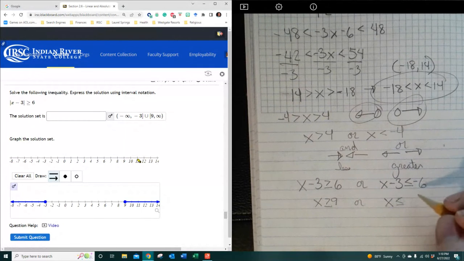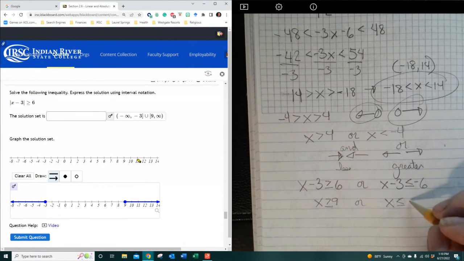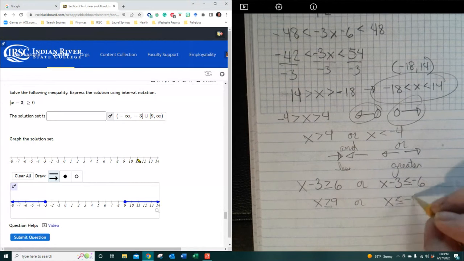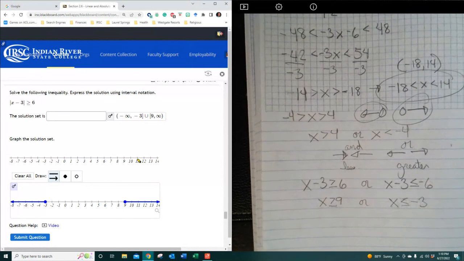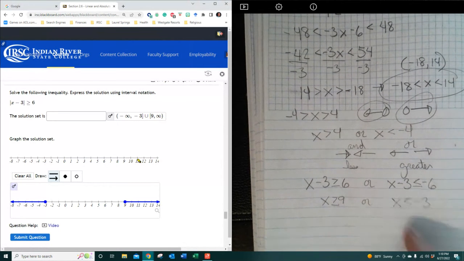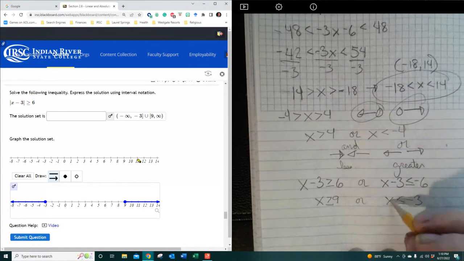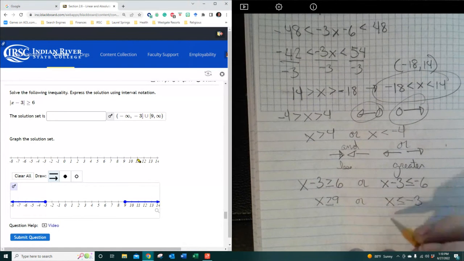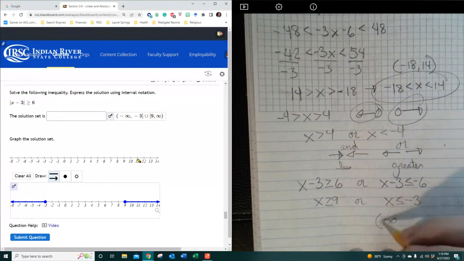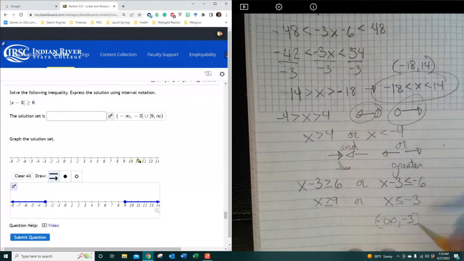And by the way, you don't switch the inequality sign because you add or subtract. It's only with multiplication and division that you do that. So you add 3 to both sides, and you get this. That's why the answer starts from negative infinity, because it says x is less than or equal to -3. So you're coming from negative infinity going up to -3, inclusive.